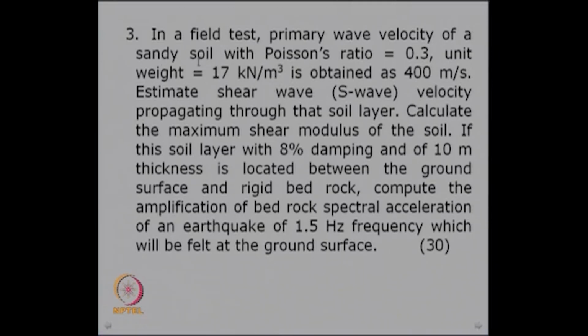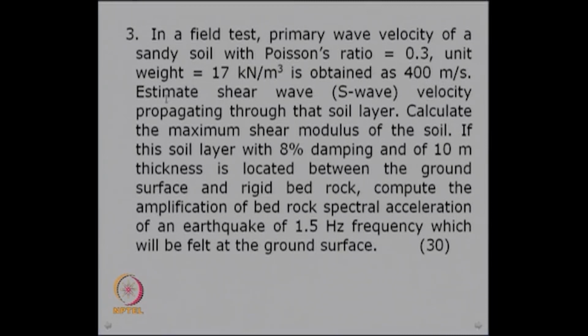Suppose you know that it is a sandy soil with these basic parameters, Poisson's ratio value is 0.3 and unit weight is 17 kilonewton per meter cube, and P wave has been obtained. Remember, primary wave or P wave has been obtained, which is 400 meter per second.